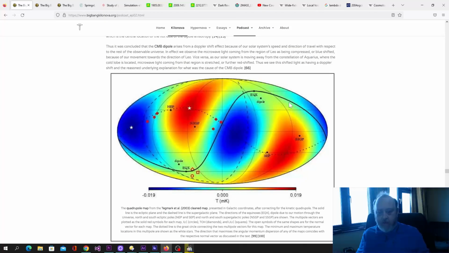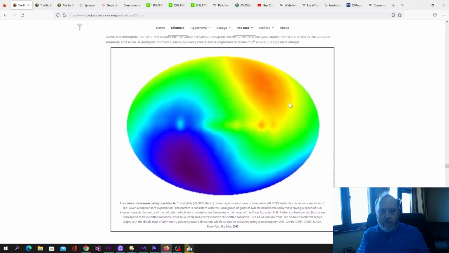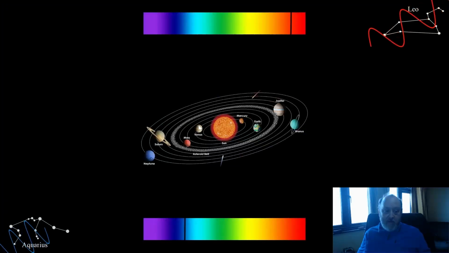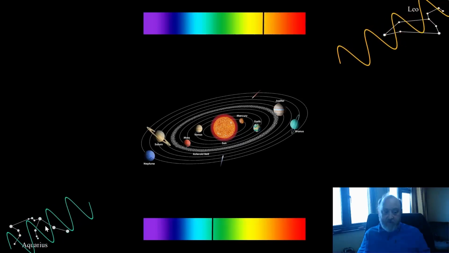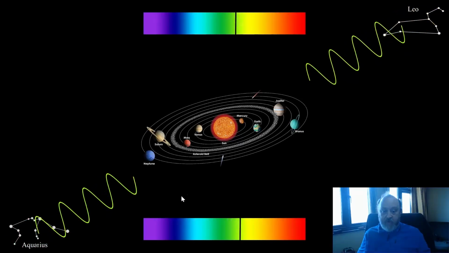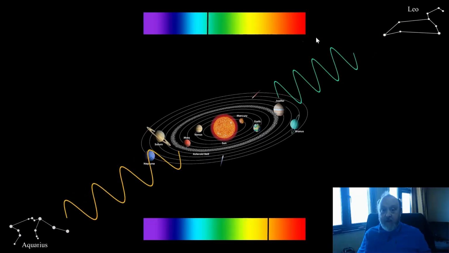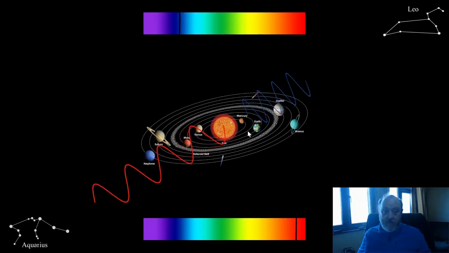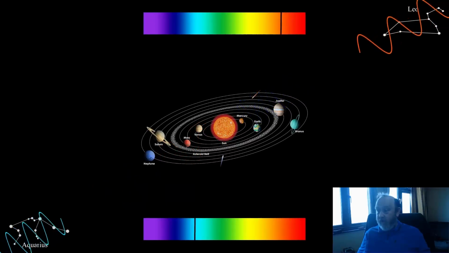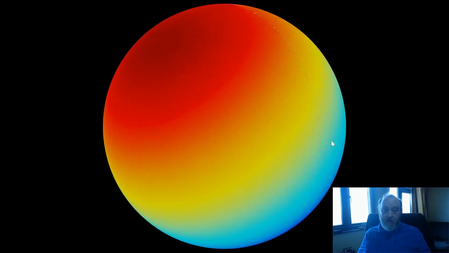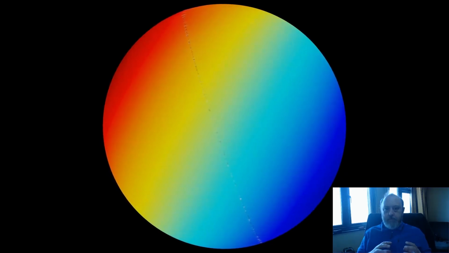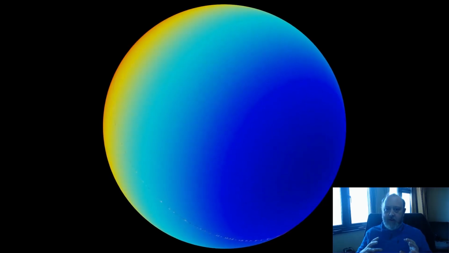Because of this alignment, people thought that it was due to the relativistic motion of our galaxy. So light coming from Aquarius, microwave skylight, is being redshifted here, and light from here is increasingly being blueshifted, thus leading to us seeing this on the microwave sky. So that's how all these link together, according to the Lambda CDM model.